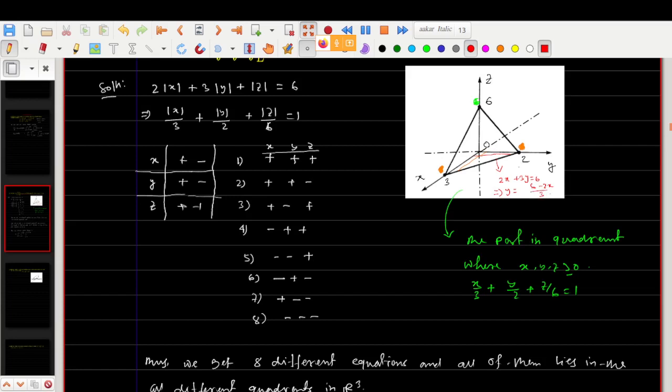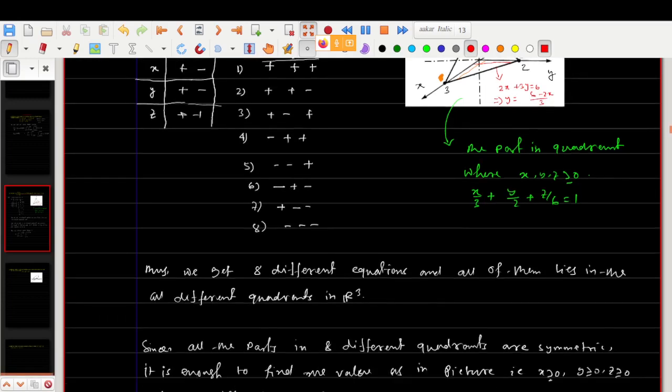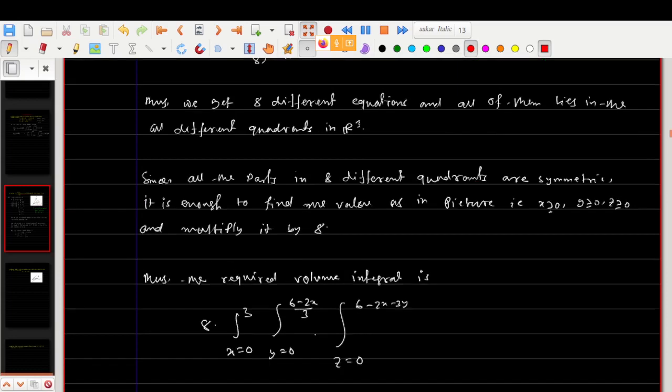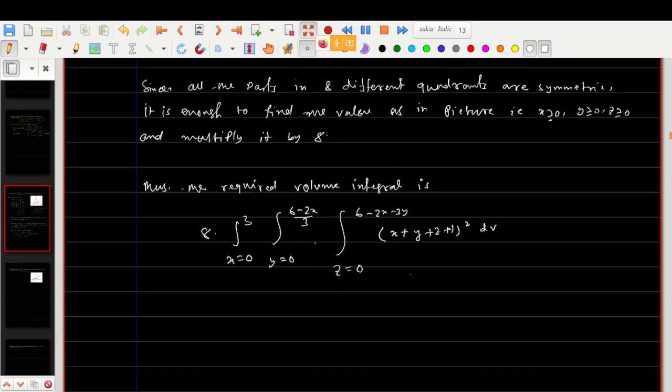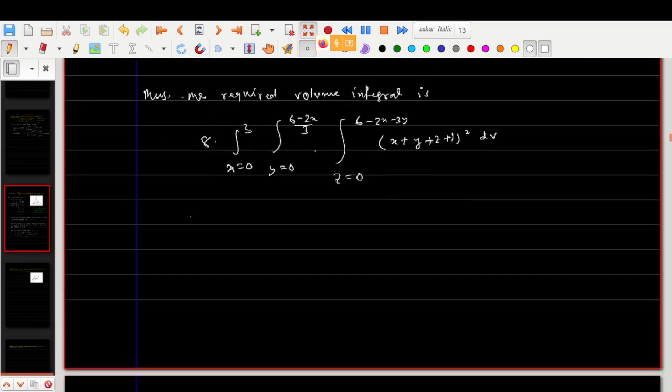You can write the same for y also. You can take y equals 0 to 2 and x equals 6 minus 3y by 2. And the plane is given by z equals 0 to this. And what is the integrand given? That is actually x plus y plus z plus 1 whole square, dV. But now I know the order of the integration.